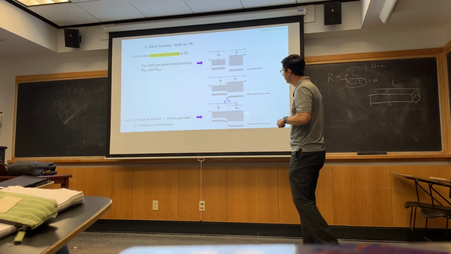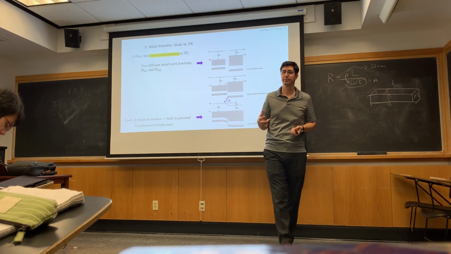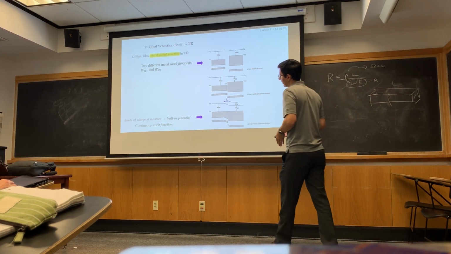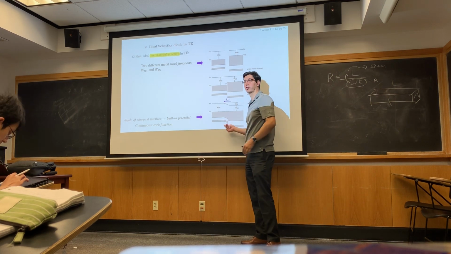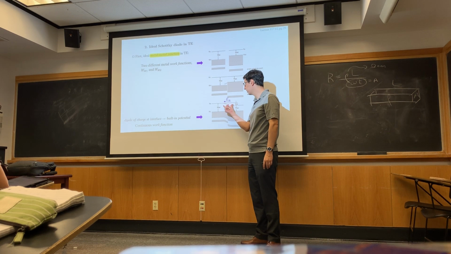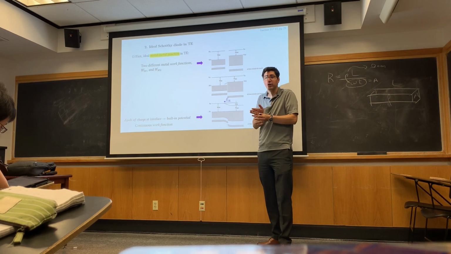Now with a metal, I can't have charge in the bulk of a metal, right? There are too many carriers to screen it out. So what I get in a metal is a dipole of charge right at that interface. And so this is going to be very, very narrow. It's shown to be big here, but it's a picture. It's going to be very, very small.